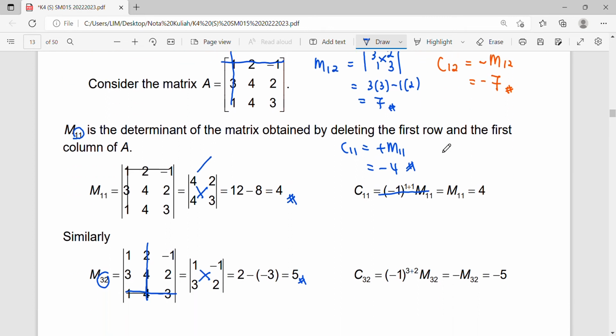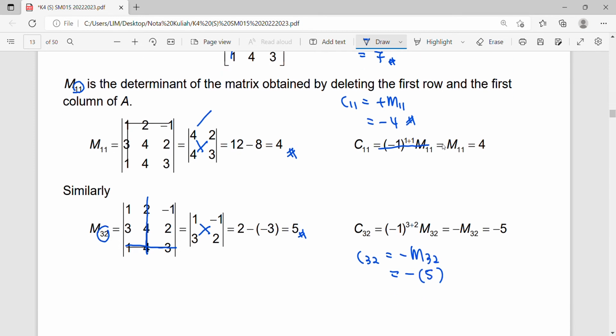So for cofactor 3, 2, it will be negative of minor 3, 2, so negative 5. Alright, so minor: eliminating row, do the AD minus BC. Cofactor: just put in your positive or negative for your minor. So you call it cofactor.